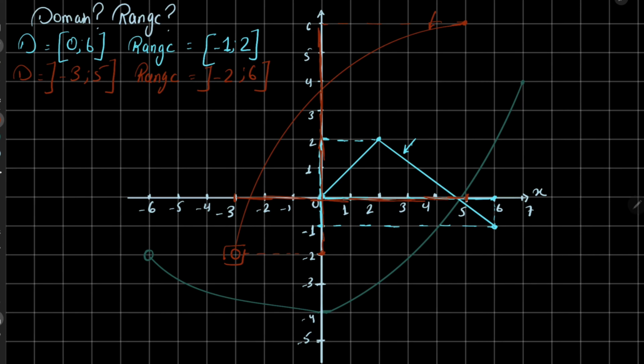Now let's find the last domain and range for the green graph. As we did with the light blue and the red graph, now let's do the same. Let's now project the green graph on the x-axis.